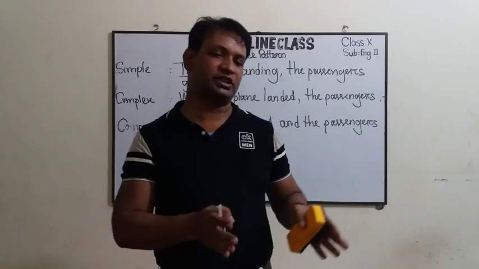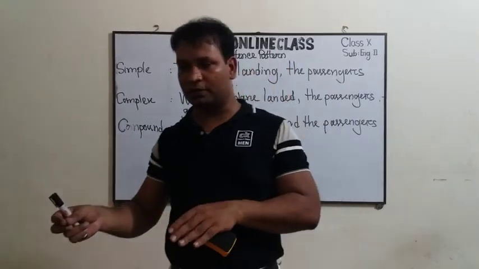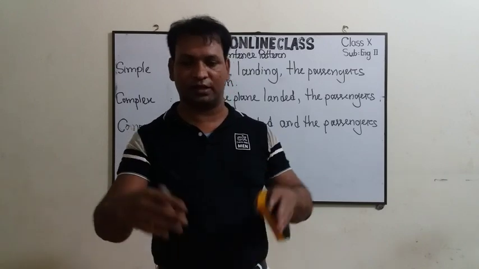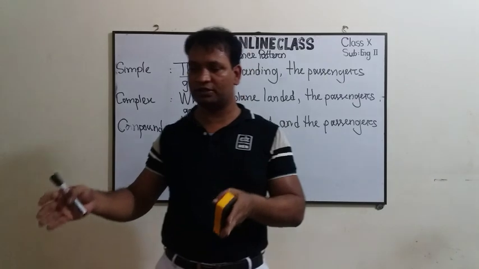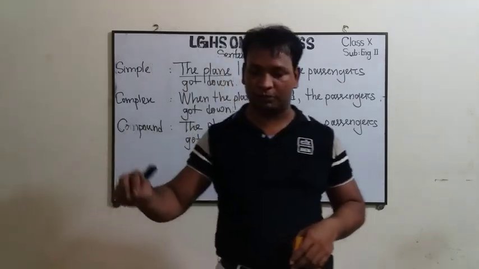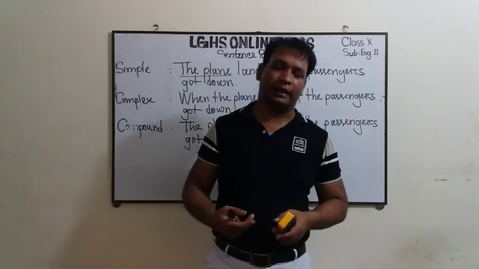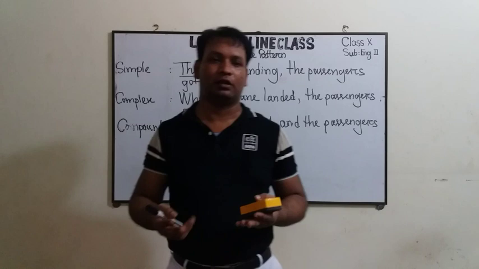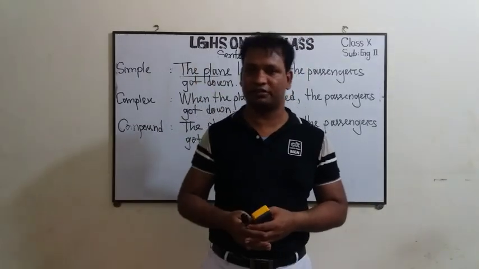And a complex sentence is a sentence in which there is one principal clause depending on which there is a subordinate clause. And a compound sentence is a sentence in which there are two or more coordinate clauses connected by a coordinating conjunction. And we also learned two techniques of making simple, complex and compound sentence.